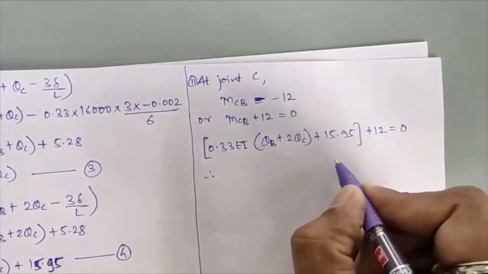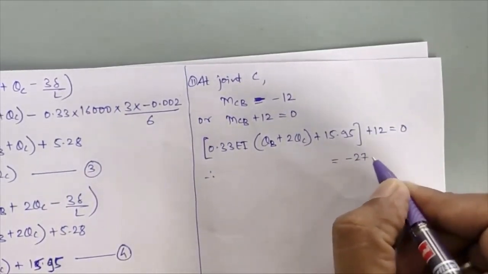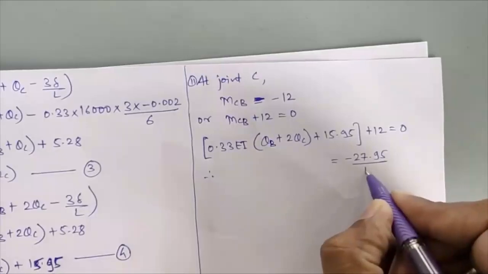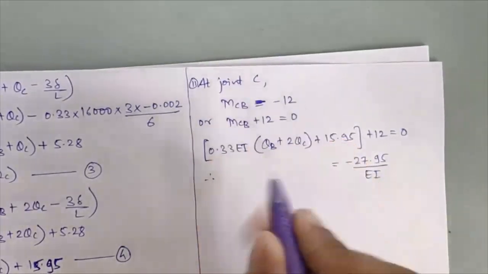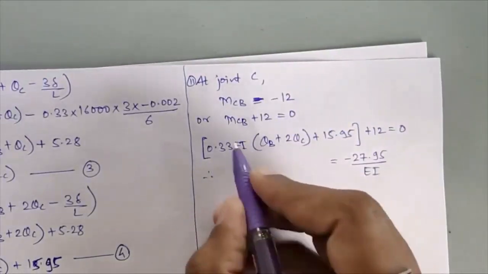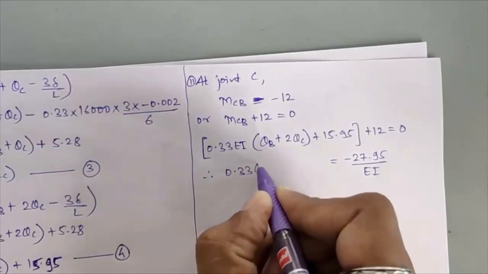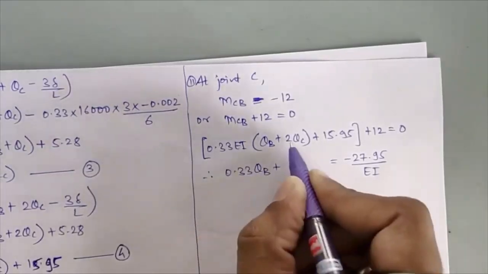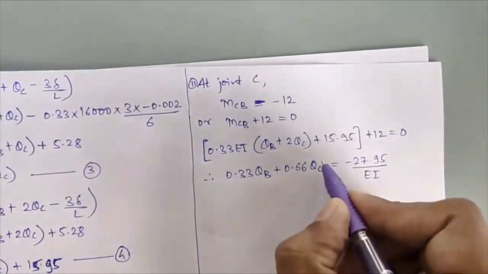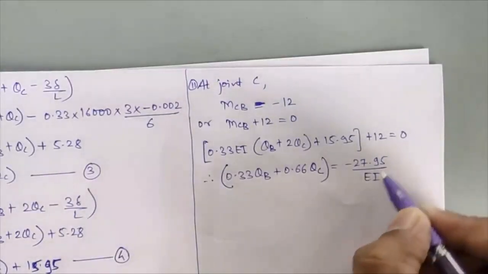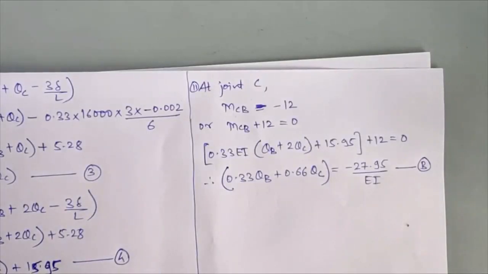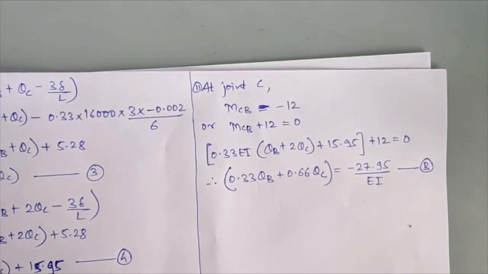When it goes to the RHS, that becomes minus 27.95 divided by EI. EI I have taken common from this term, so this EI will get divided. What remains is 0.33 times theta B plus 0.33 into 2, that becomes 0.66 times theta C, is equal to minus 27.95 upon EI. That is my equilibrium equation number 2, or I'll call it equilibrium equation B.